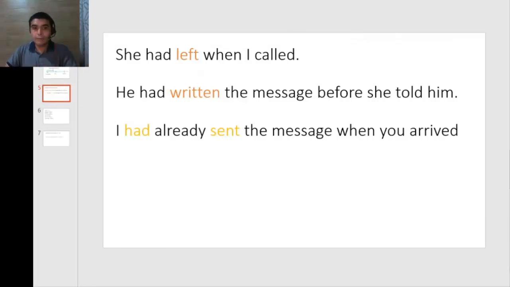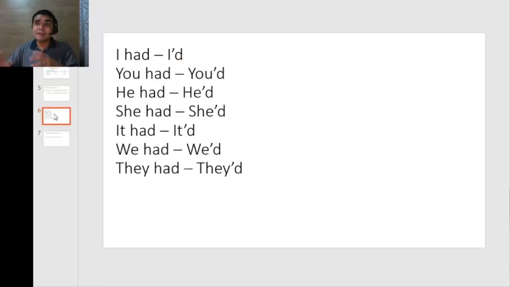Okay, now just to continue a little bit about structures. Remember, had is an auxiliary. So as any other auxiliary, we can contract this one too. Instead of saying I had, because saying I had is unusual in English. Actually, contractions must be used all the time. When you have the chance to use a contraction, you have to use it. So you say I had, but instead of saying that, it's more common to say I'd.